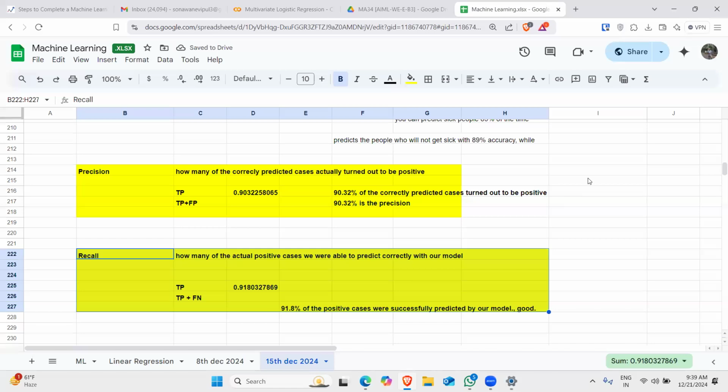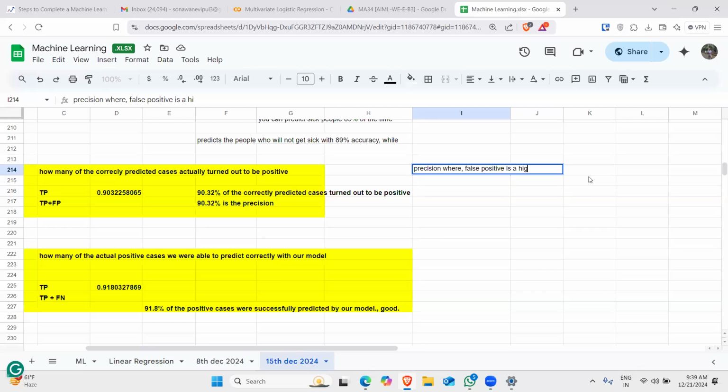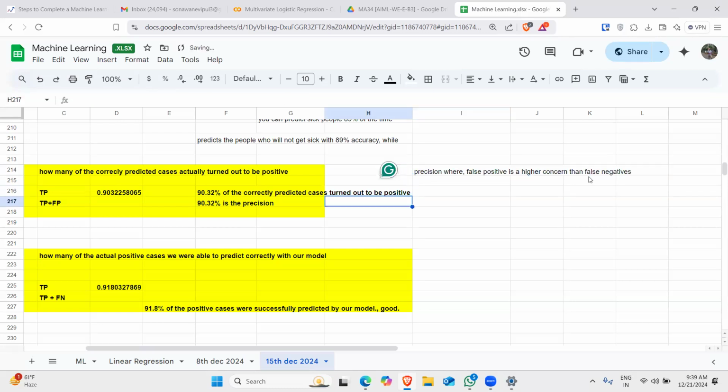So we'll just see a scenario where precision is helpful for us, where we should consider precision. It is a useful metric where false positive is a higher concern than false negatives.